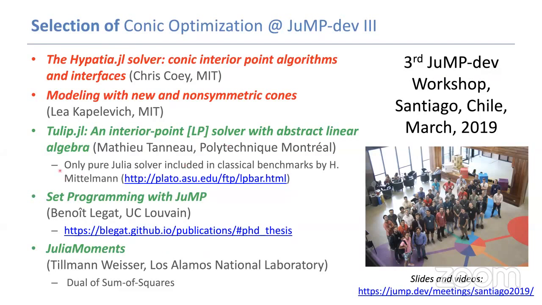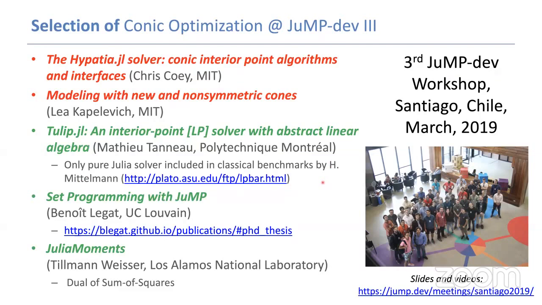One of the interesting ones is Tulip.jl, an interior point solver only for linear optimization that uses a lot of interesting features from Julia, using abstract linear algebra, for instance. Perhaps one of the interesting things about this solver is that it's the only pure Julia solver, as far as I know, that has been included in the classical optimization benchmarks by Hans Mittelmann. So that's an interesting thing.